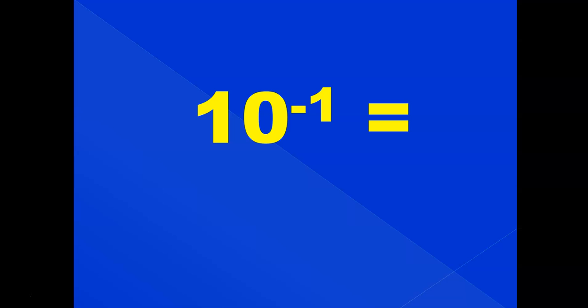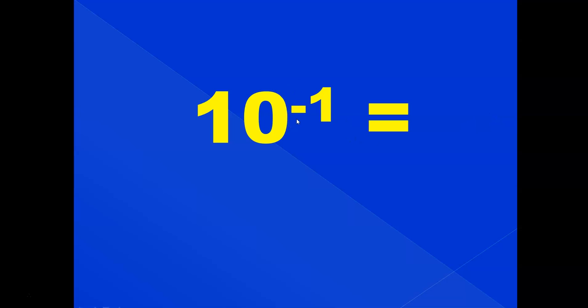Remember in our video, looking at indices and we're looking at negative index. How did we say we could convert a negative index to a positive index? I hope you remember, or you can go revisit that video. So we said that we make a fraction with 1 being our numerator, and we put that index in our denominator and make the power positive.